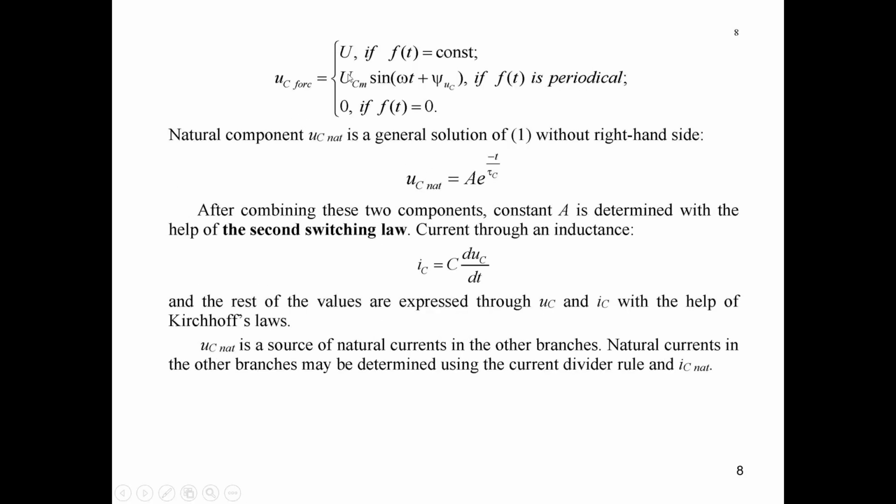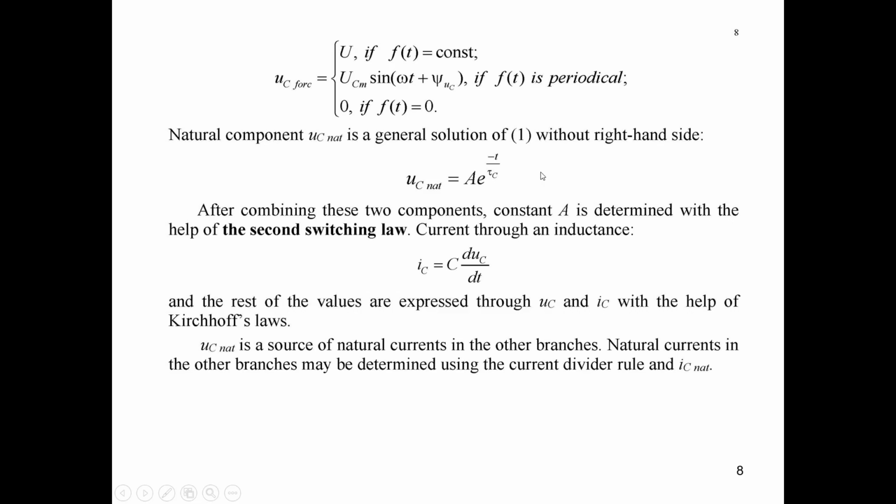UC forced equals a constant, capital U, if F of t is constant. It equals UC maximum sin(omega t plus phi) if the considered schematic is connected to a sinusoidal function. It is 0 if the considered schematic is disconnected from the source after commutation.